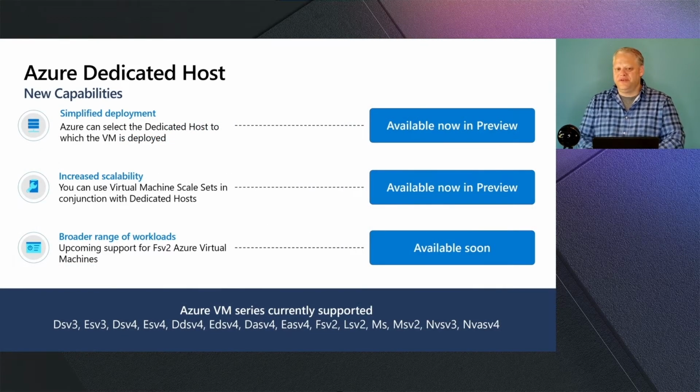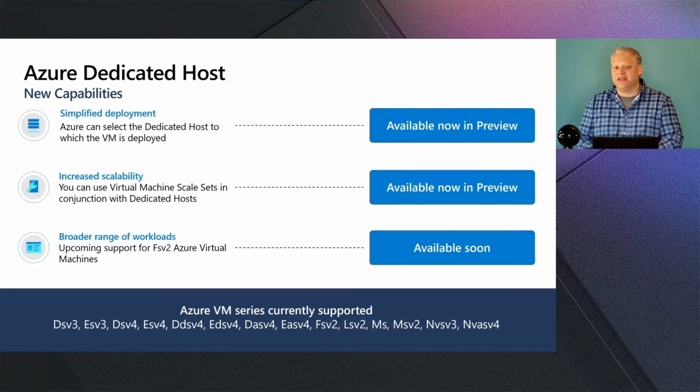Now, there's two features we'll be talking about in dedicated hosts that are available for preview this week. The first one is a simplified deployment model that allows you to select a group of hosts and deploy the virtual machines into that group of hosts instead of being required to select individual hosts for each virtual machine.